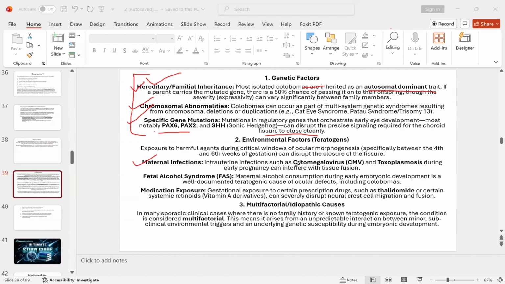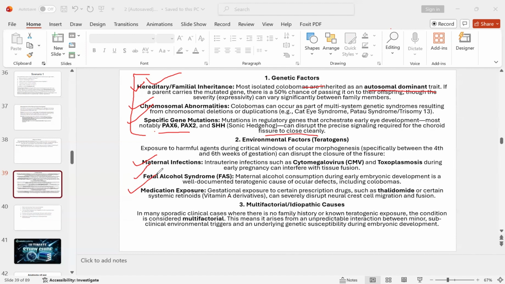The second environmental factor is fetal alcohol syndrome. Maternal alcohol consumption during early embryonic development is a well-documented teratogenic cause of ocular defects, including colobomas. Now let's discuss the third environmental factor, which is medication exposure.